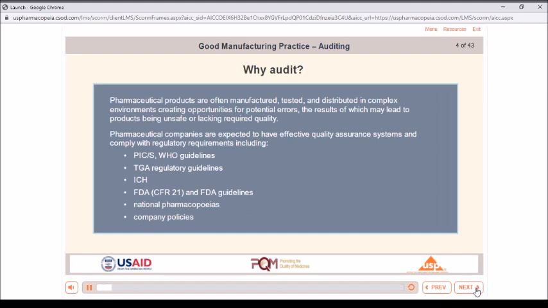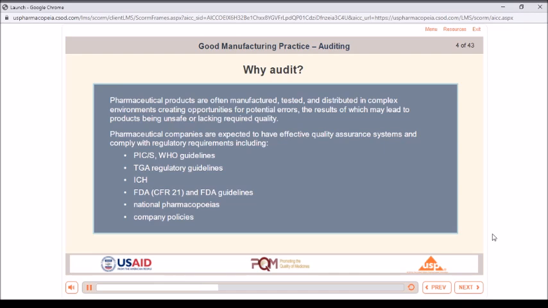Why audit? Pharmaceutical products are often manufactured, tested, and distributed in complex environments, creating opportunities for potential errors, the results of which may lead to products being unsafe or lacking required quality.